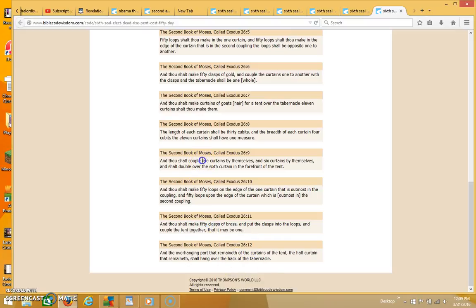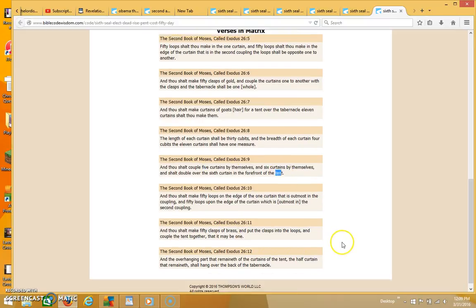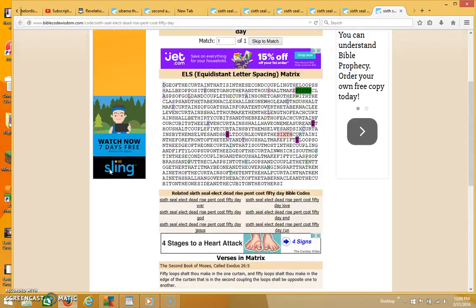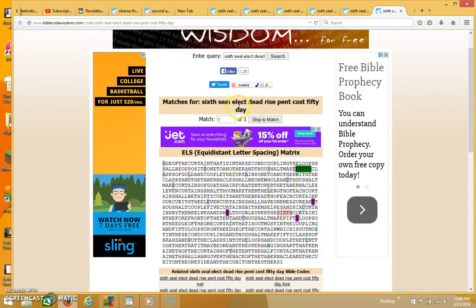Over here you see the word 5, and then 10, of course. So it's definitely making a reference to 50. So I tried to put in days, and it didn't come up in the plural, but it came up in the singular, such as the day 50. So it might be talking about day 50.